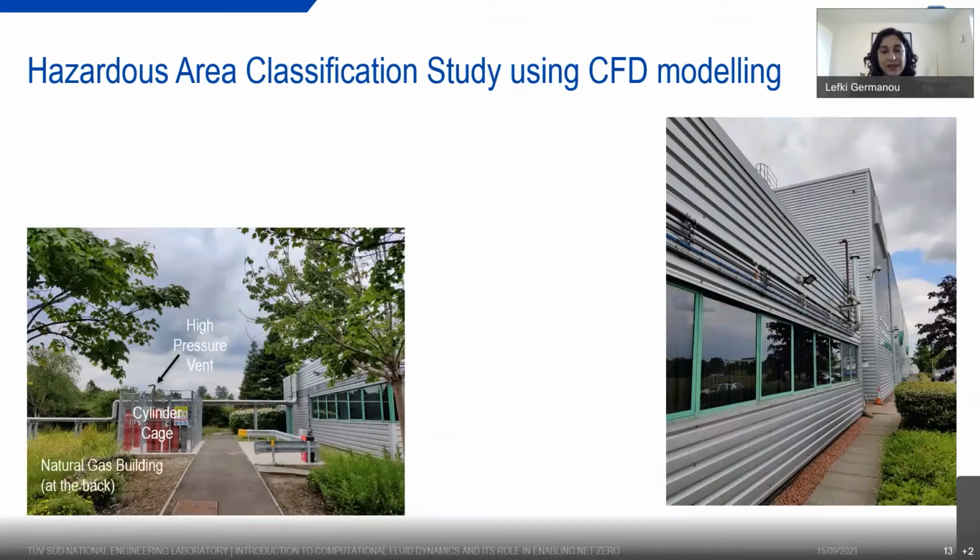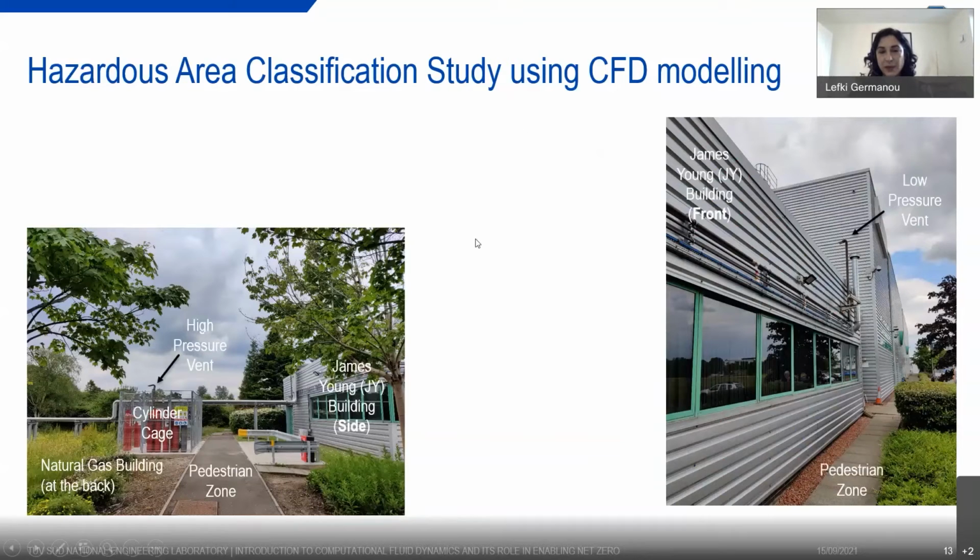The natural gas building is at the back, hidden in this photo by the cylinder cage. And on the right, we have the pedestrian zone and the James Young building. The same building is pictured on the right from its other side, where the low pressure vent is on top of it.